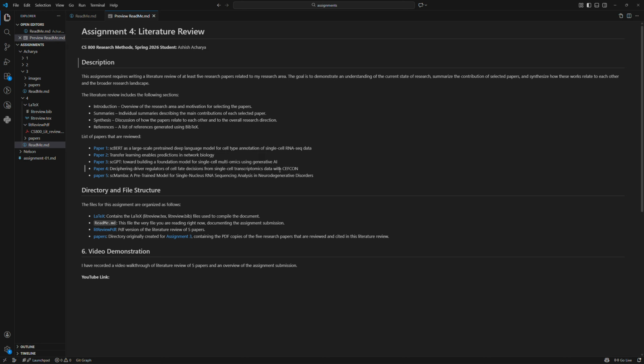And another paper I have included is scMamba, a pretrained model for single-cell nucleus RNA sequencing analysis in neurodegenerative disorder. This paper supplements the previous papers 1, 2, and 3.